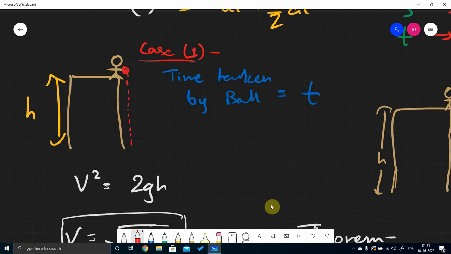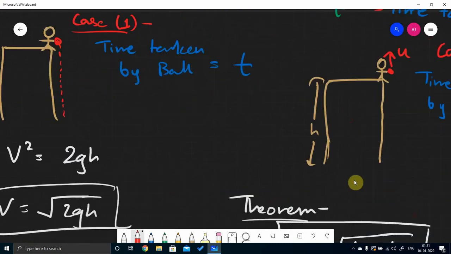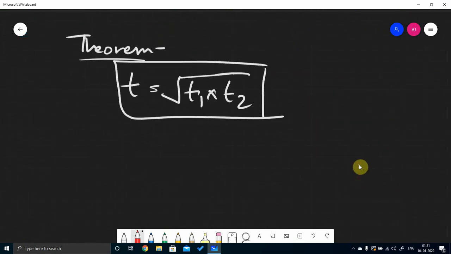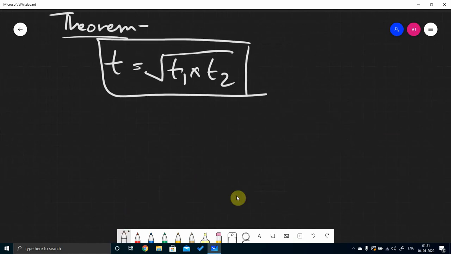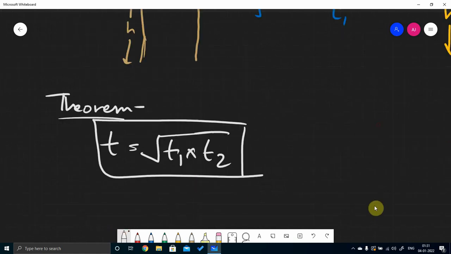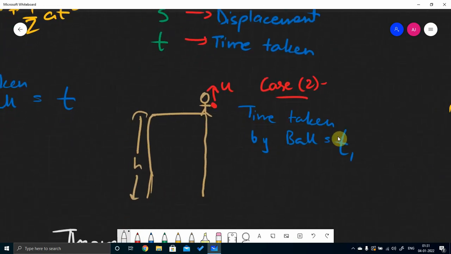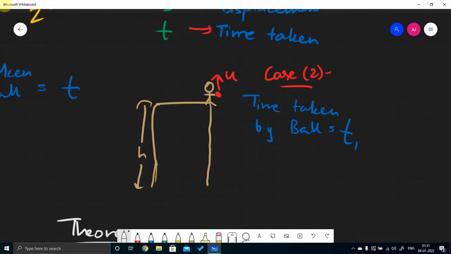Similarly, we're going to go to case 2 and calculate t1. To calculate t1, we are assuming that down is positive.